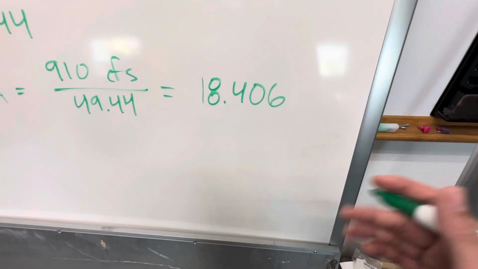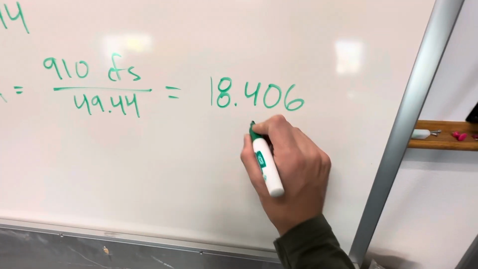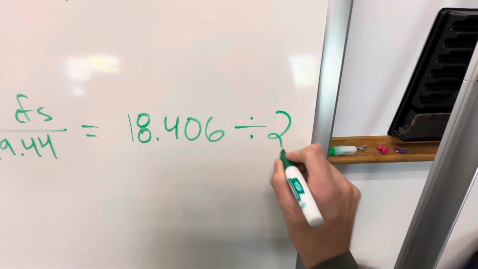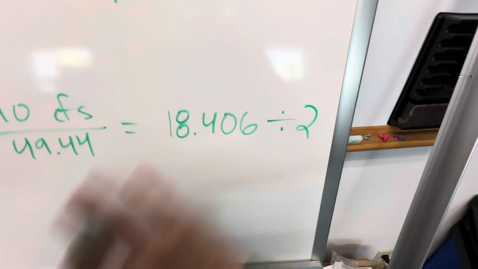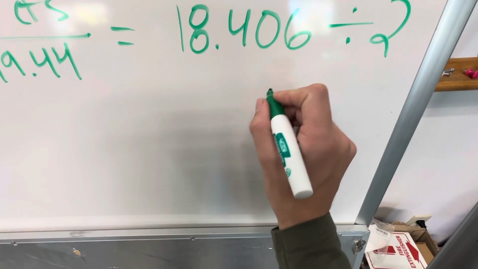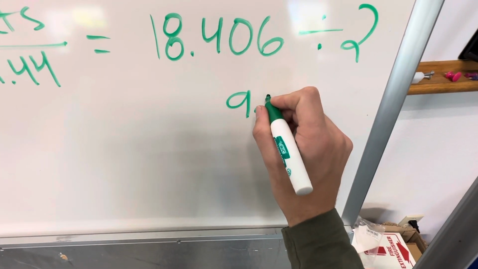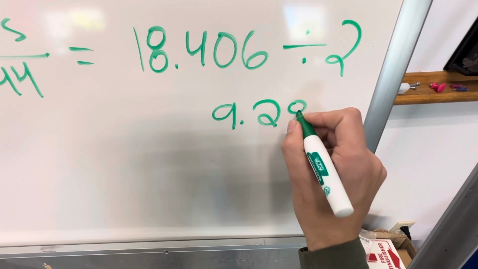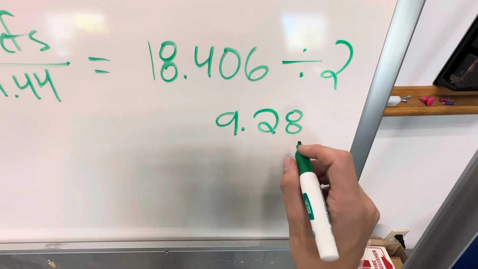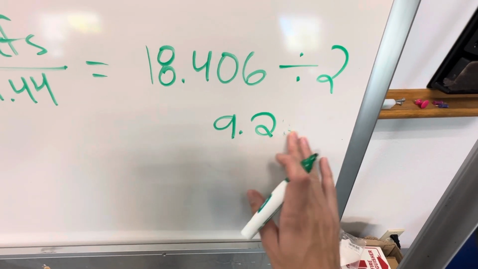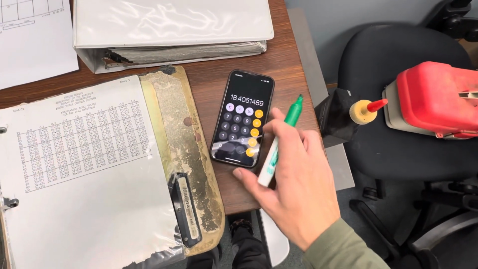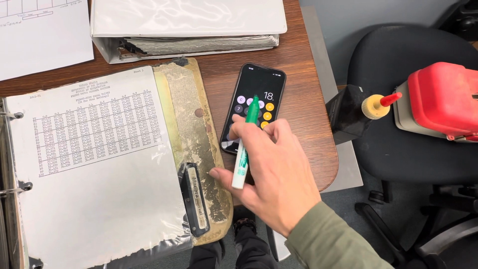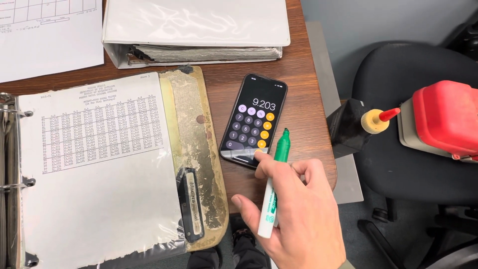Now let's say I'm running both of them, because we always prefer to run 2 valves because the pressure is less on each one. So now I need to divide this by 2, because I'm taking this calculated area and splitting it amongst 2 valves. 18.406 divided by 2 is 9.203.